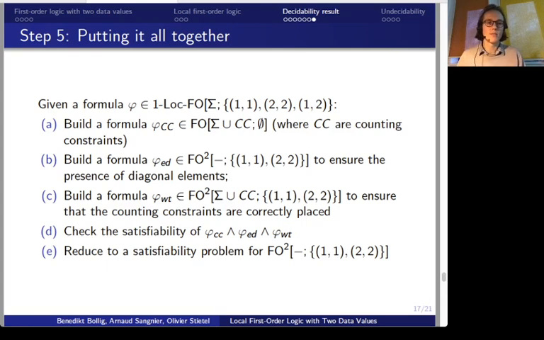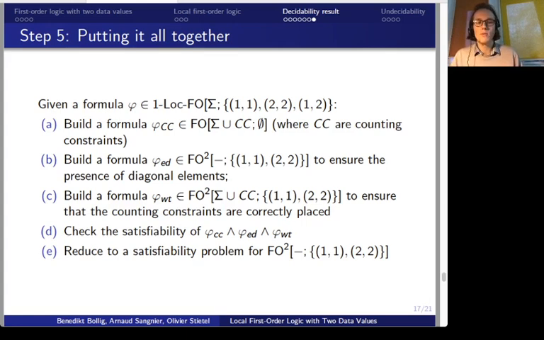And so lastly, we put all this together. If we have a formula phi and we want to check if it is satisfiable, we build a formula phi cc with counting constraints. We build a formula phi ed in FO2, which ensures the presence of diagonal elements.